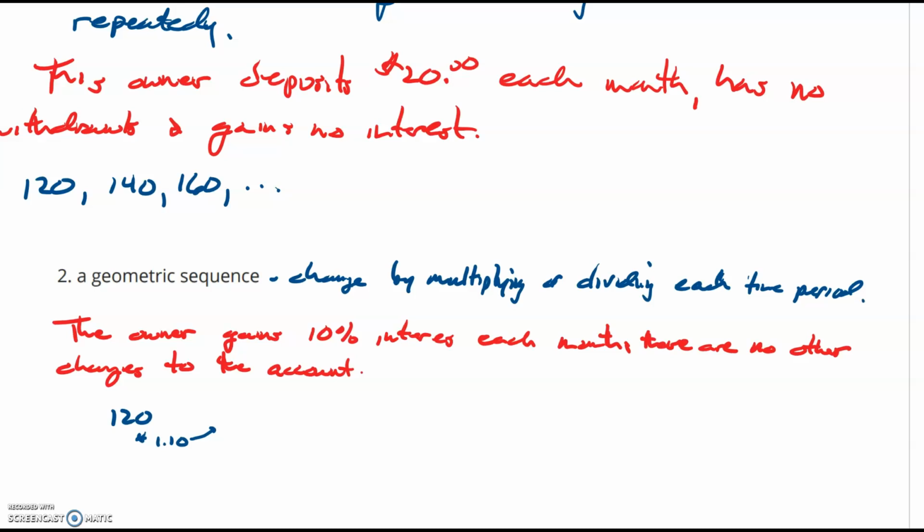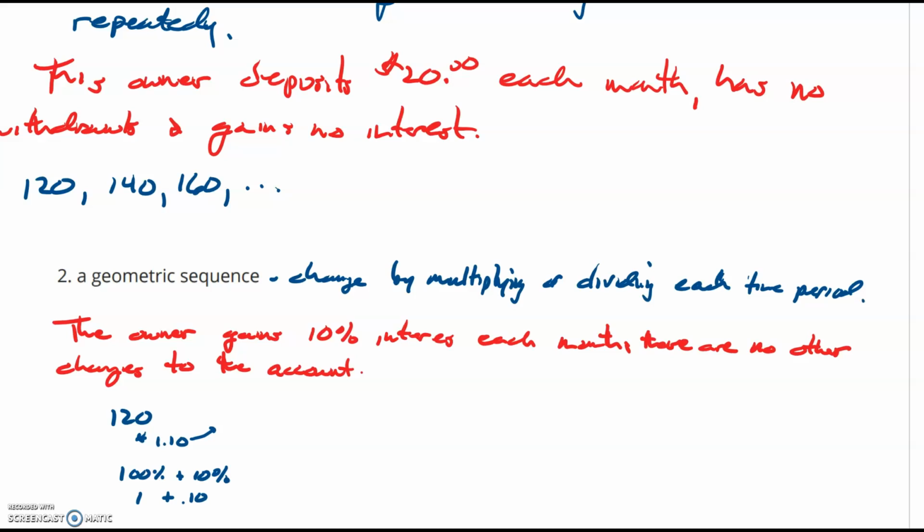When I multiply 120 by the 1, this is like 100%, and multiplying by 1.10 is like taking 100% plus another 10%, right? So 100% is 1, and then 10% is 0.10. So if I multiply by 1.10, that's increasing 10% each month.